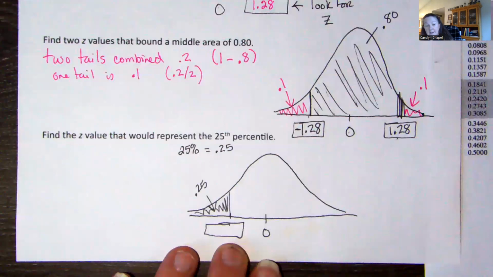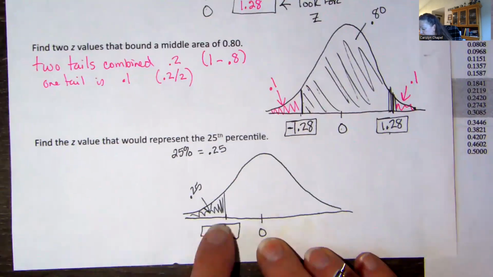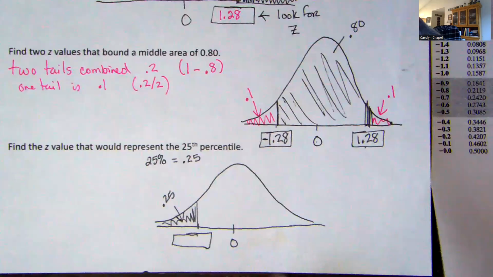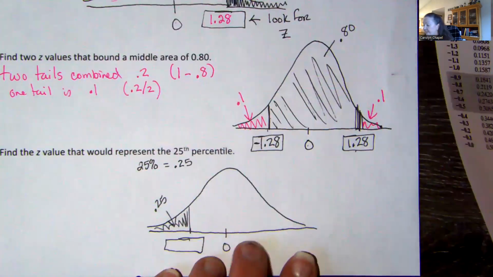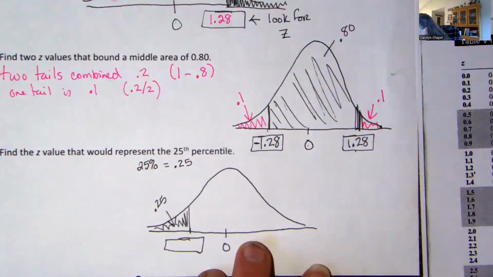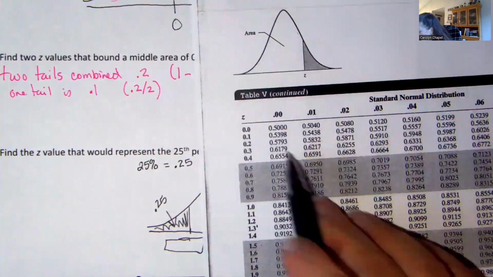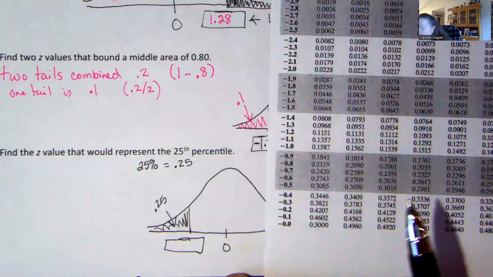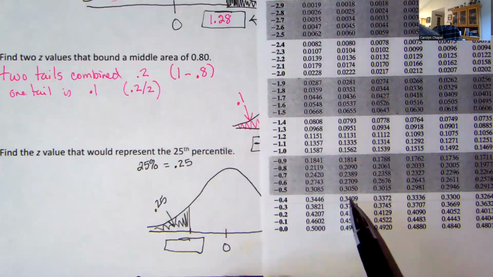And it should be a negative value because 0.25 is less than 0.5. And if you tried to find 0.25 on the positive side, you would never find it, because the smallest we get is 0.5 and it just gets bigger. So we would have to flip it to the negative side. And I'm looking for 0.25.